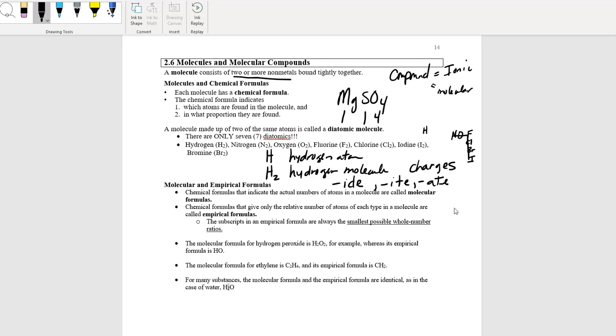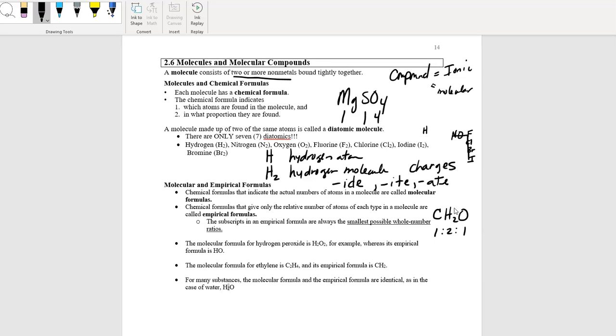An example would be this carbon, hydrogen, and oxygen molecule, where I have a 1 to 2 to 1 ratio.